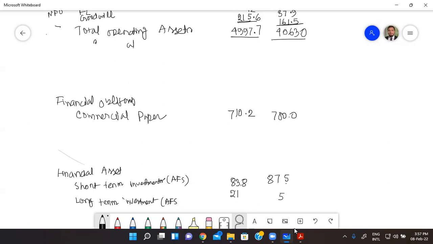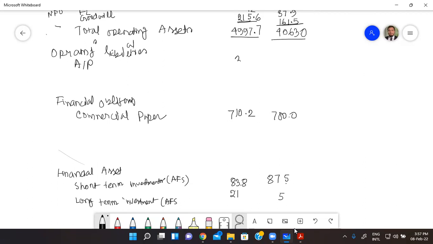Okay, next. Current accounts payable. Obviously, it should be operating liabilities. Okay. So we can write here accounts payable.